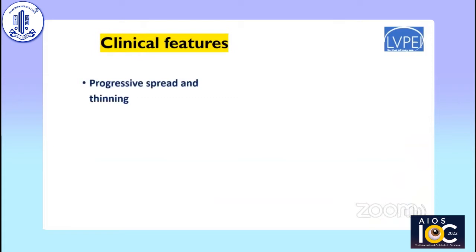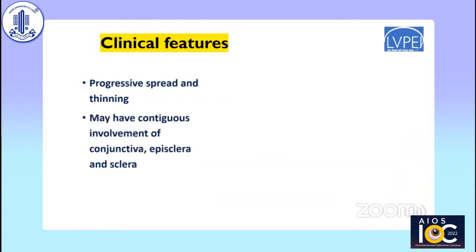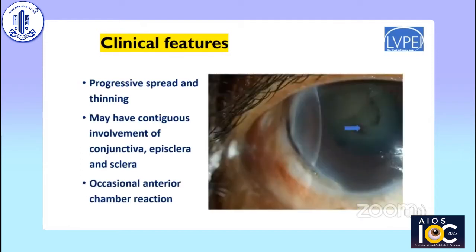The ulcer progressively spreads both centripetally as well as centrifugally. There may be contiguous involvement of the conjunctiva, episclera, and scleral tissue, and occasional anterior chamber reaction, as can be seen in this clinical photograph.